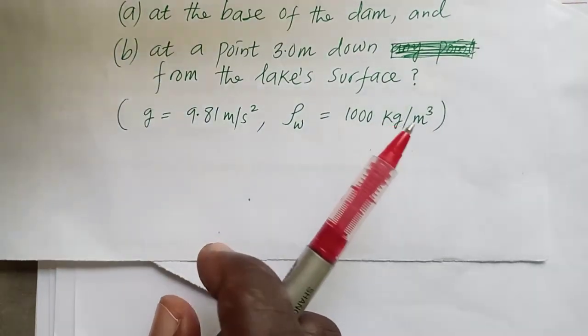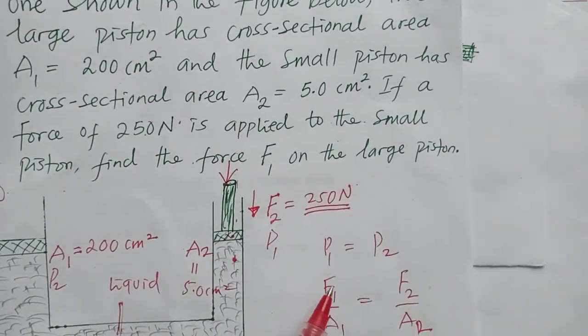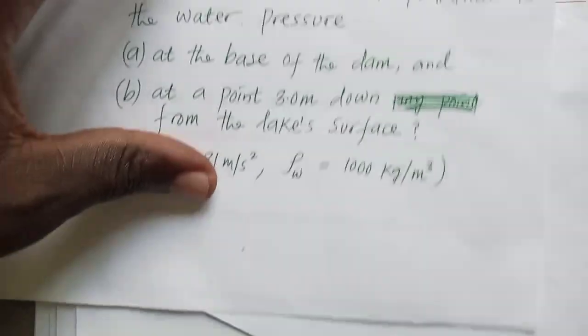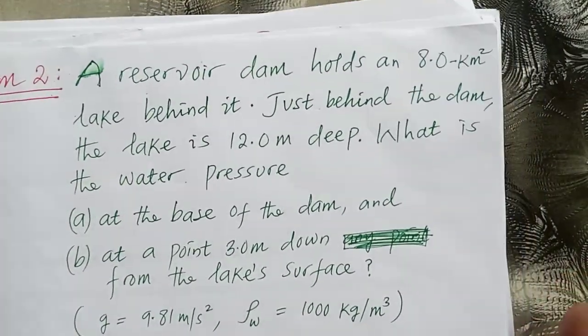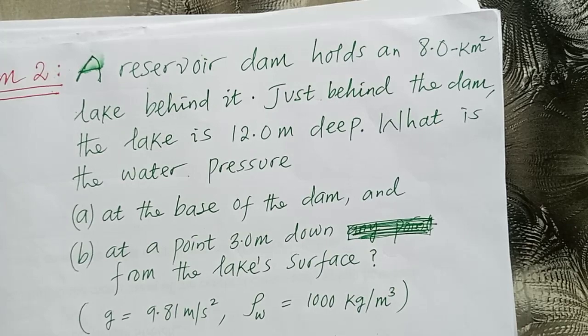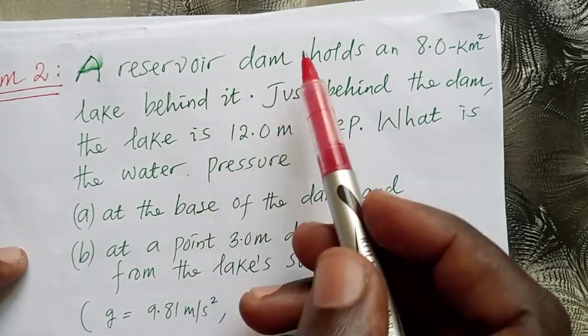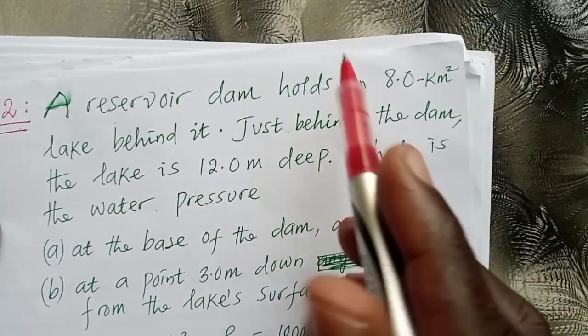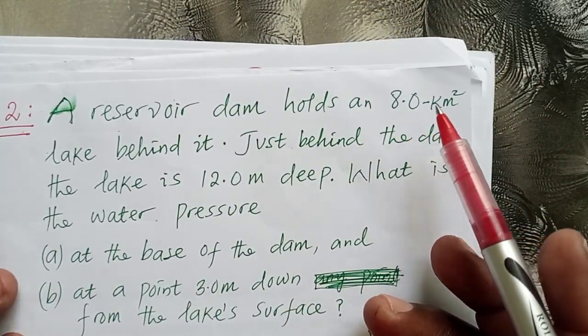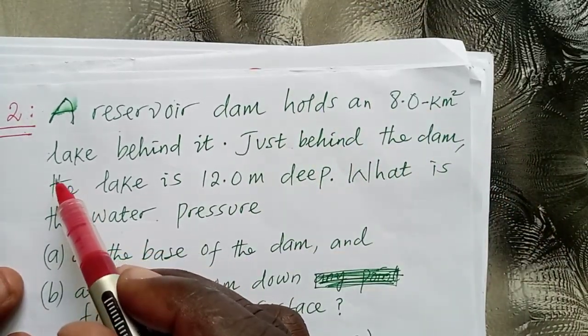Then we solve this simple problem using the Pascal principle, and we have just one additional problem to solve on the Pascal principle. I like this problem a lot. A reservoir dam holds an 8.0 kilometer square lake.